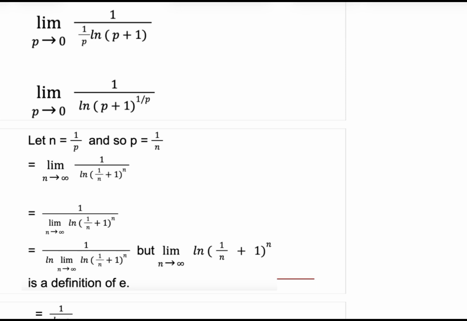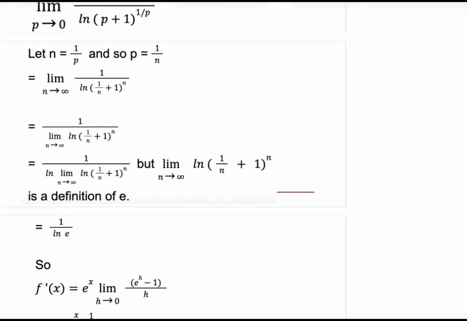So now this becomes the limit as n approaches infinity of 1 over ln of 1 over n plus 1 all raised to the n. So this is equal to 1 over the limit as n approaches infinity of ln of 1 over n plus 1 all raised to the n.